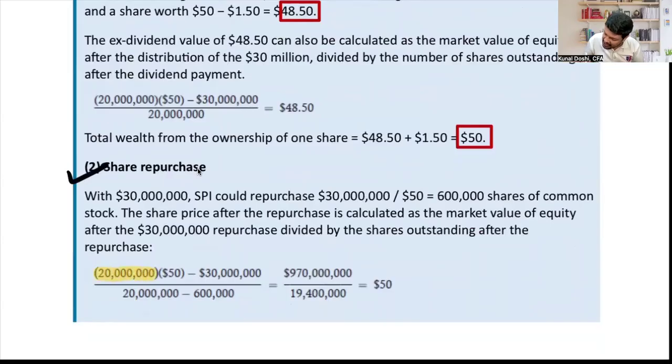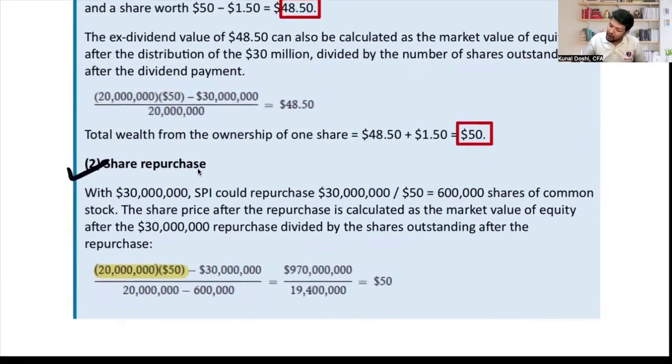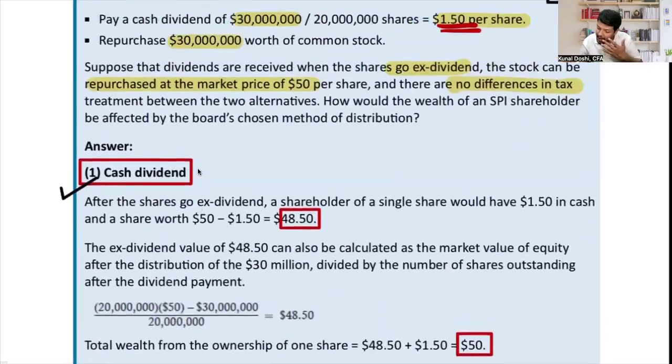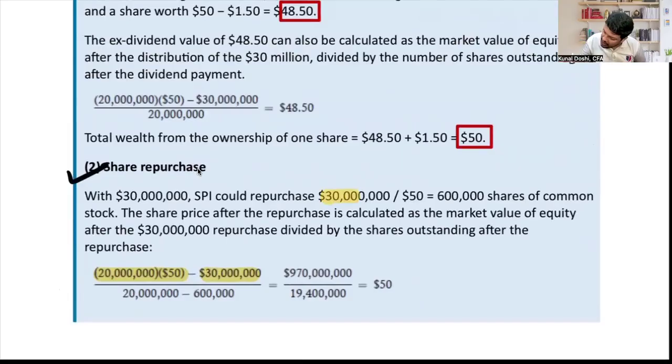So in case of share repurchase, what will happen? The company initially had a market value of 20 million shares at 50. From that, they have decided to do a buyback of 30 million, but the number of shares will reduce. How many shares can they buy back? With 30 million at the price of 50, they can buy back 600,000 shares.